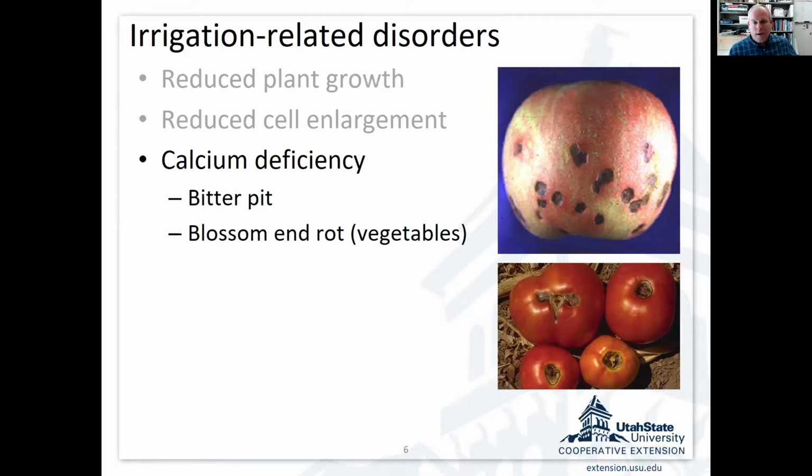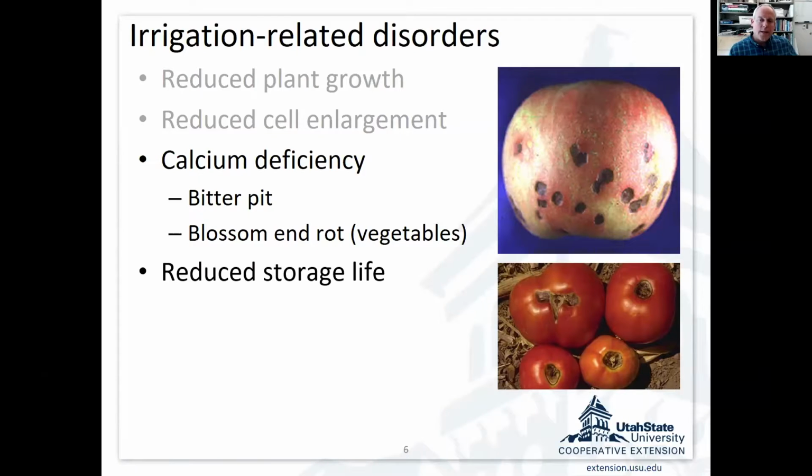And if you have irregular irrigation or periods of short drought stress and uneven availability of water, you can cause this localized calcium deficiency in the fruit that results in these kinds of disorders like is shown here. And so consistent irrigation is important. That's not the only cause that brings those about, but it's oftentimes exacerbated if you aren't irrigating regularly.